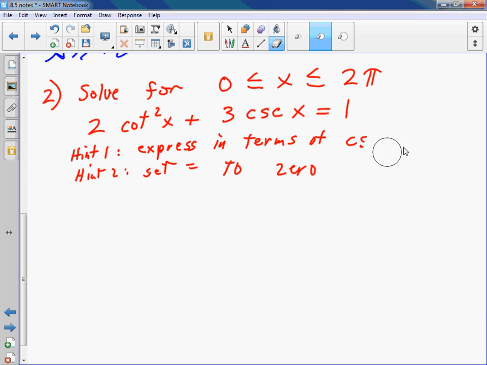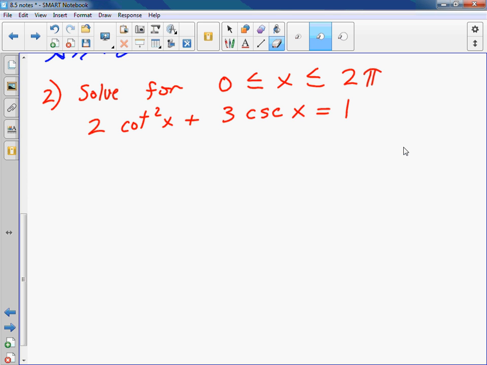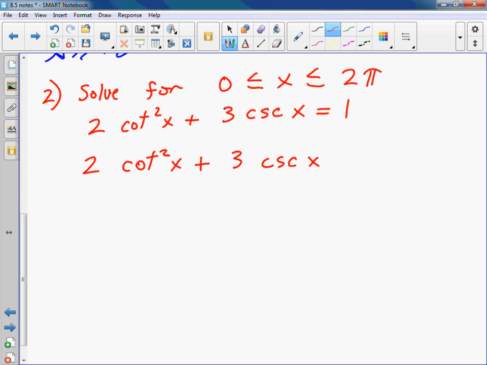Okay, so we're going to try to express it in terms of cosecant x. We're going to then set it equal to 0. That's our plan. We can say 2 cotangent squared x plus 3 cosecant x minus 1 equals 0.